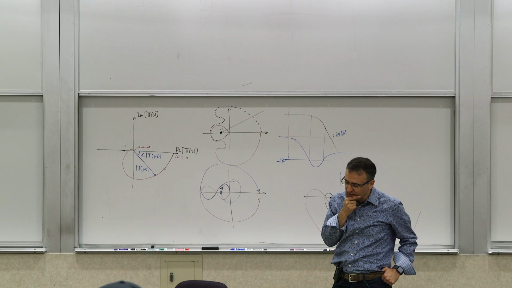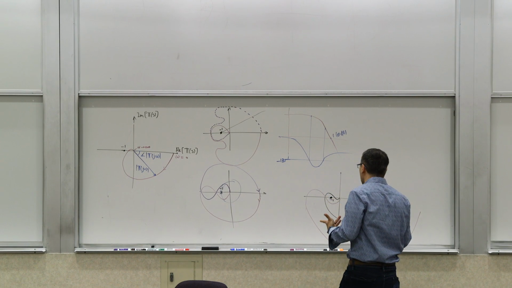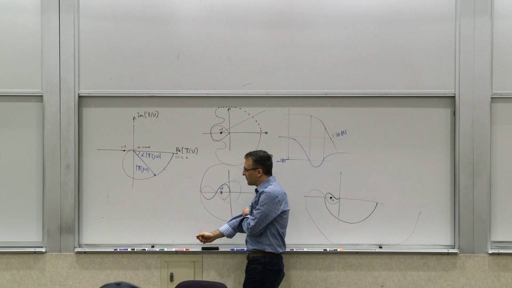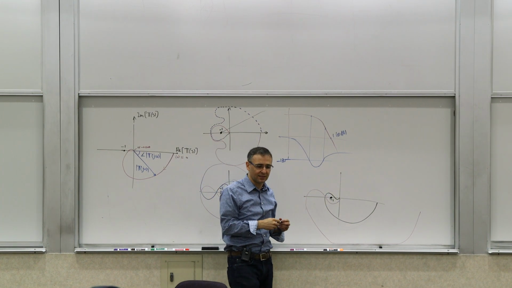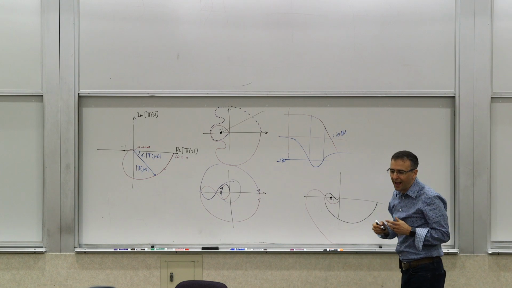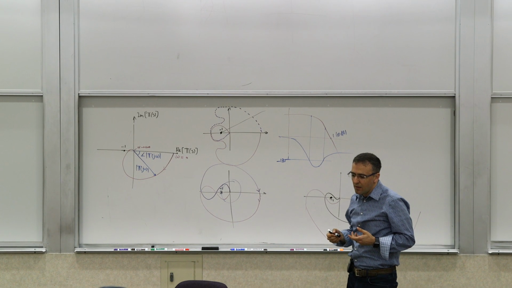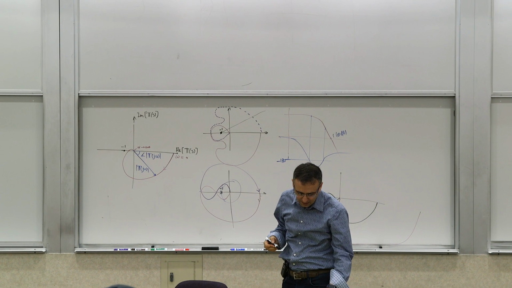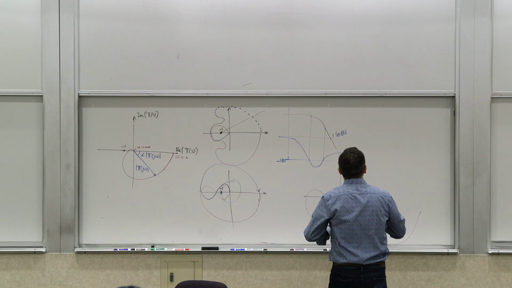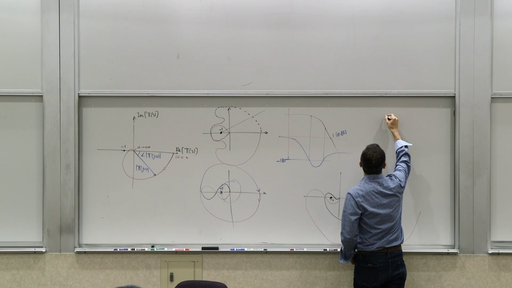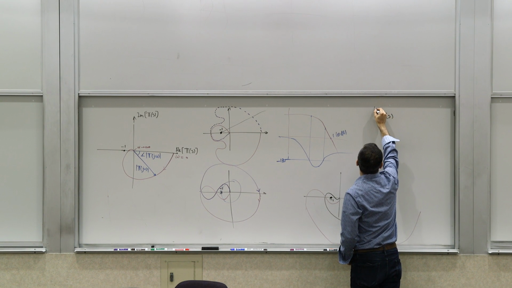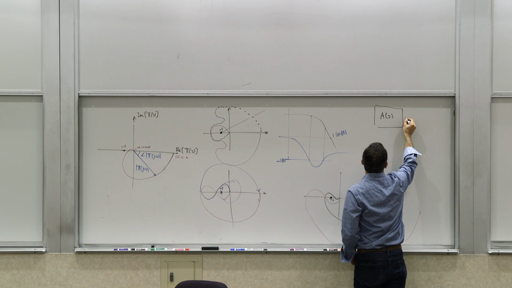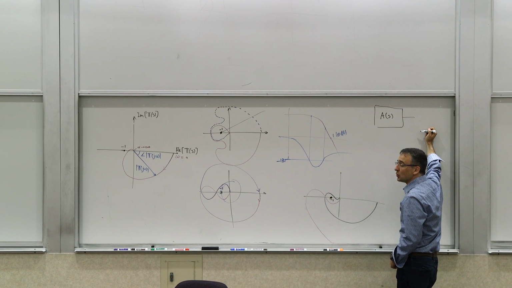So now the question at some point was, what if you have a nonlinearity in the system? In other words, let's say you have a gain of A of s or j omega in the forward system, and then you have some nonlinearity in it too.